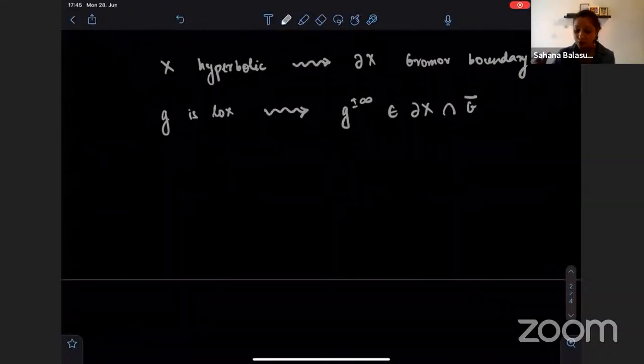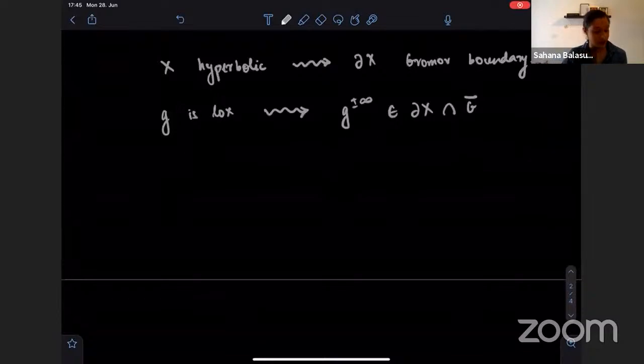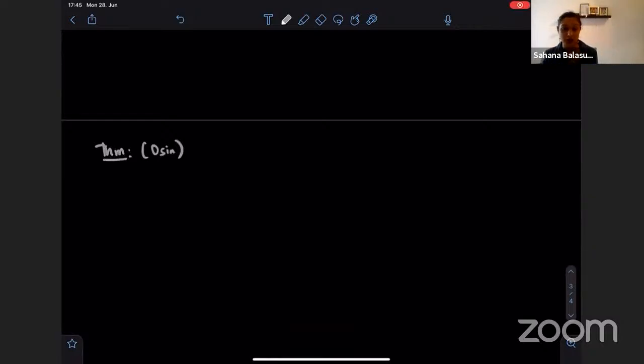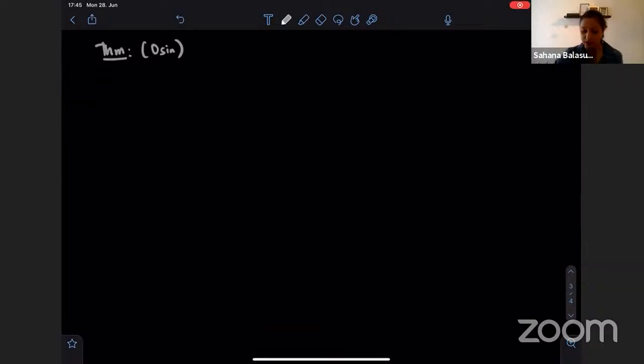Okay, so now that we know what a loxodromic element is, I can give you the theorem that demonstrates the power of acylindricity. This is a theorem due to Denis Osin, and you can think of it as the classification theorem for groups acting acylindrically on hyperbolic spaces.